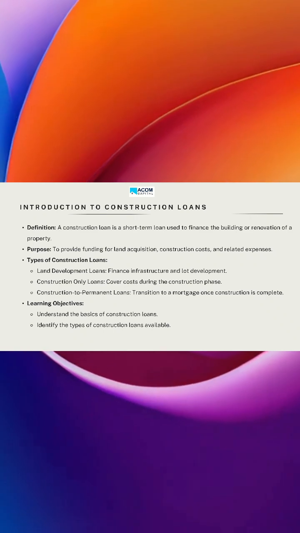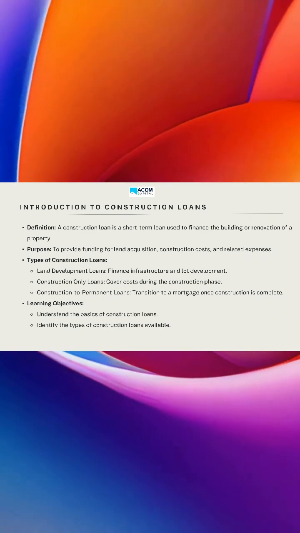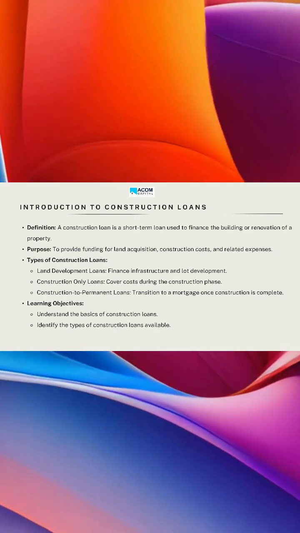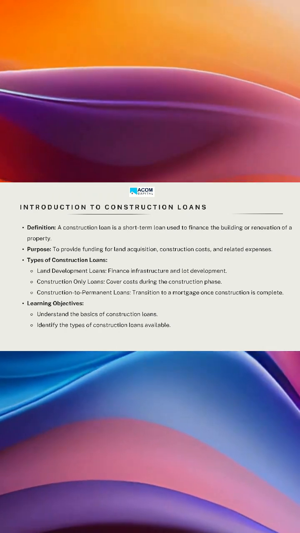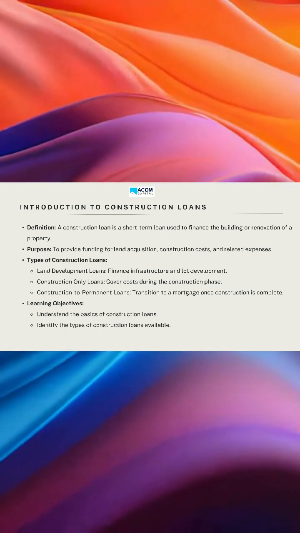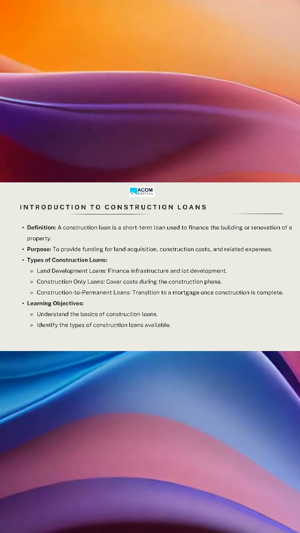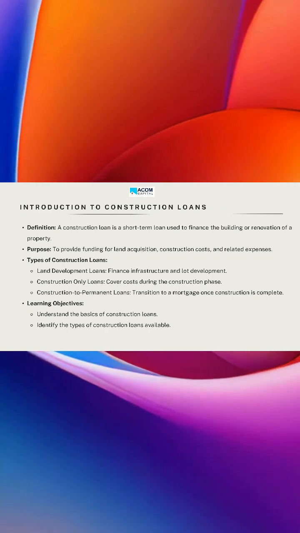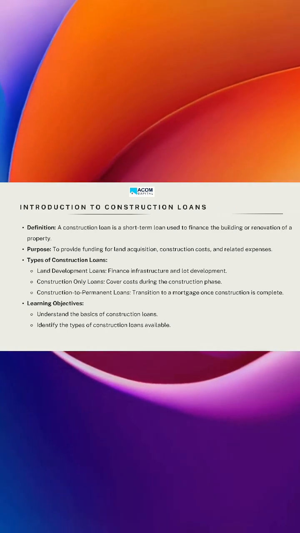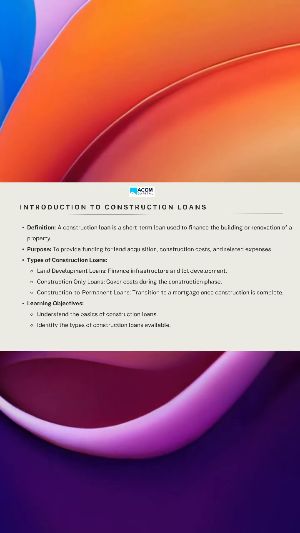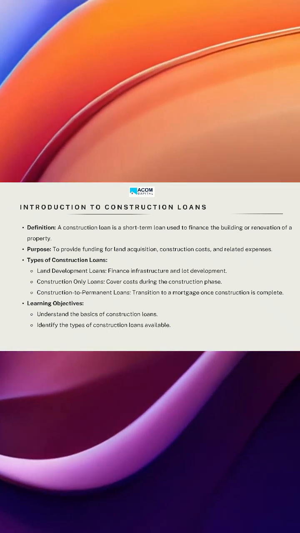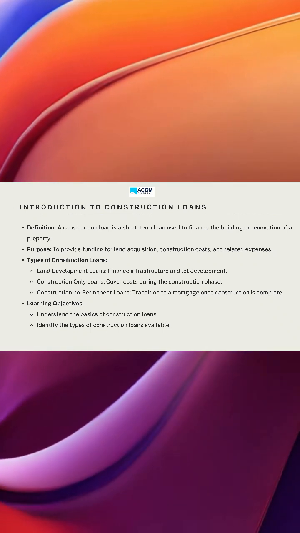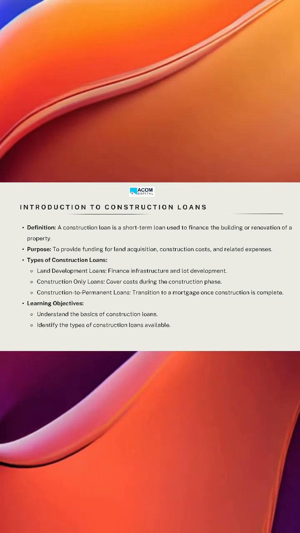The purpose is to provide funding for land acquisition, construction, and related expenses. Types of construction: land development loans, like horizontal loans for permits and plans, and also for services like sewer, water, electricity, all those services for the project.